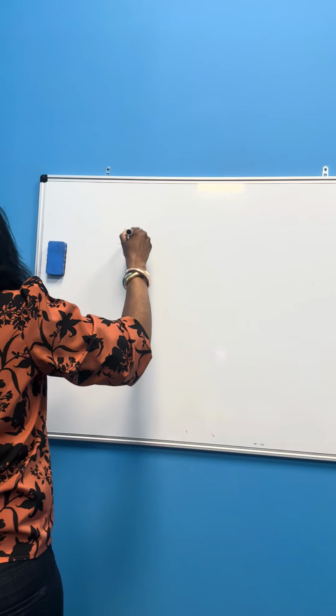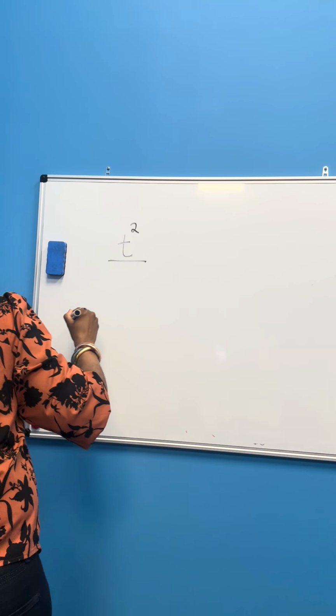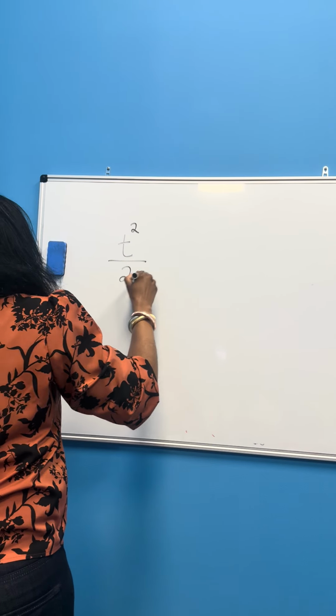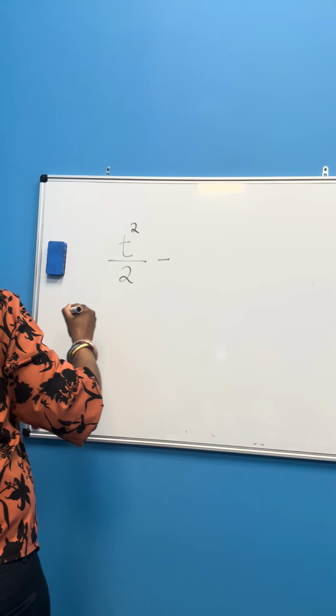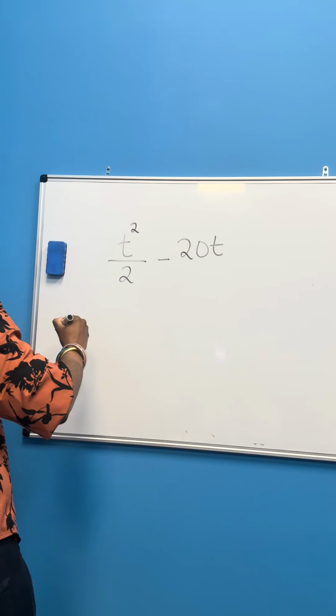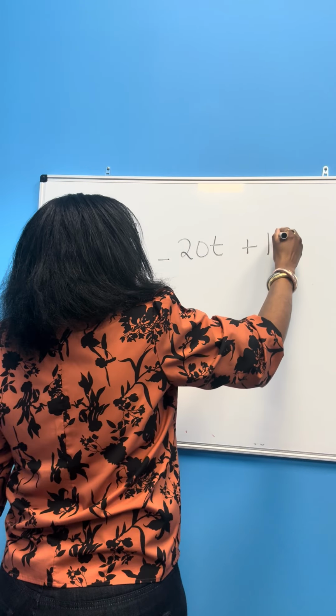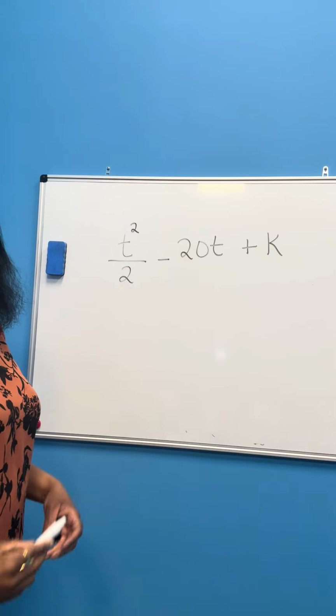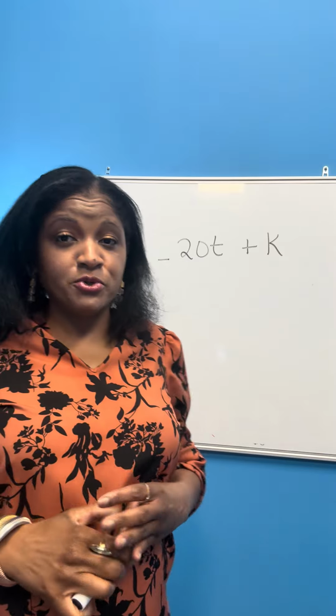And the last one I'm going to do with you is a quadratic equation. It says that K is a constant, and again, it's multiple choice.